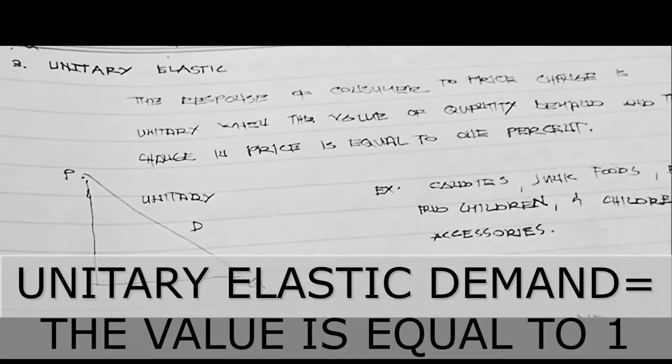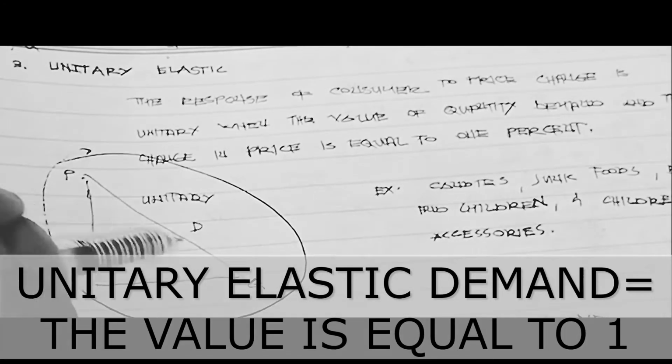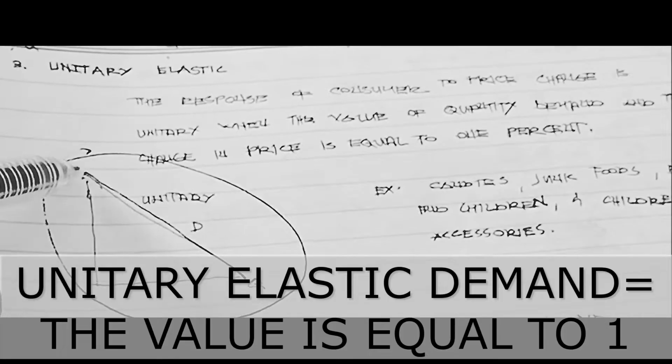This kind of response is present among products such as candies, junk foods, beverages, children's accessories, and others. Okay, so the graph of unitary will look like this. So this is unitary demand.